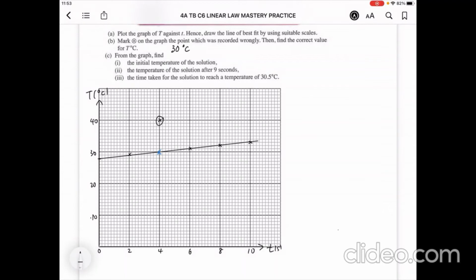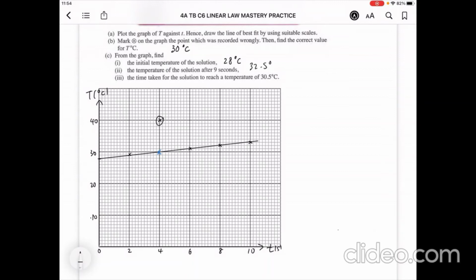Now, what is the initial temperature? It looks like 28 degrees Celsius. After 9 seconds, you can see every 2 seconds it increases by 1, so every 1 second it increases by half. So at 9, it will be in between 32 and 33, so it's 32.5.